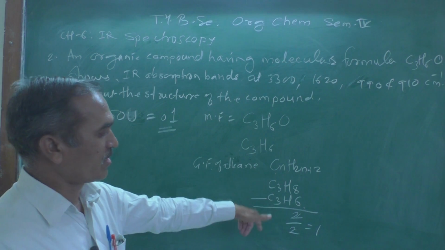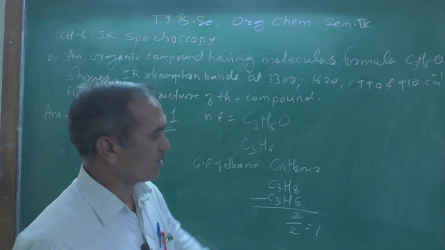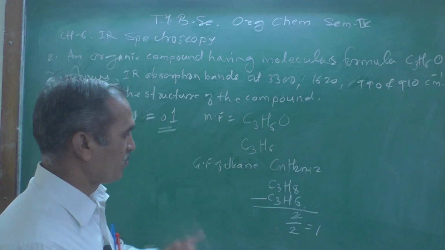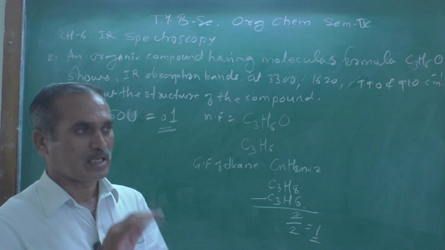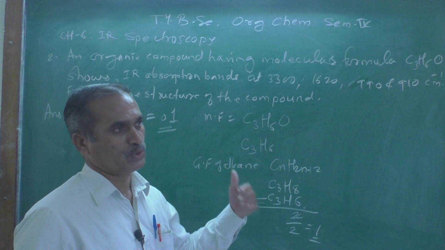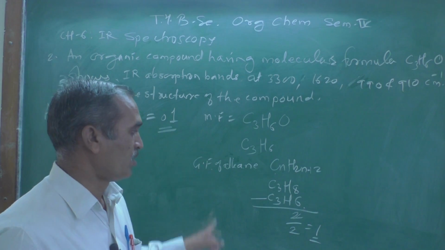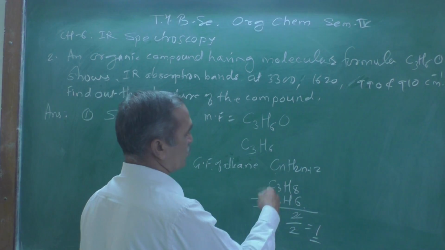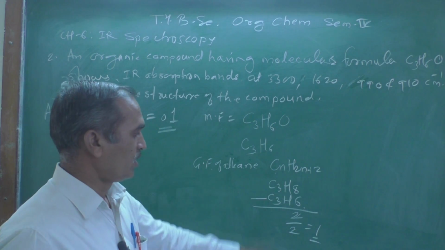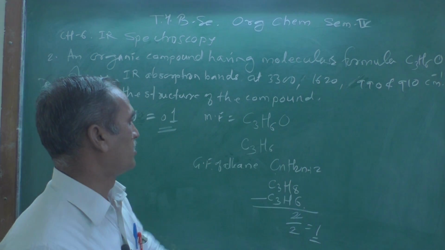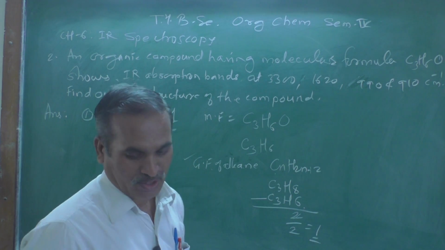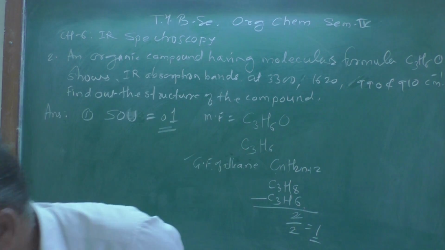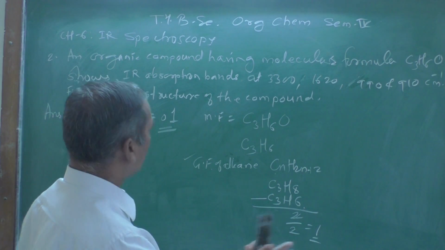Why do we divide by 2? Always remember, the value should be a round figure, 1, 2, 3, 4, 5 and so on. There is no fraction at all, and that is the way to determine the site of unsaturation of the given compound. Now, got it?